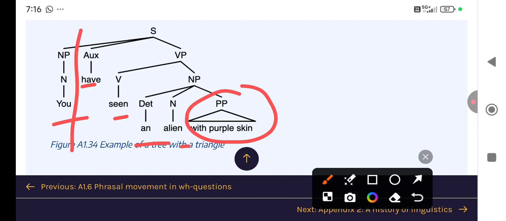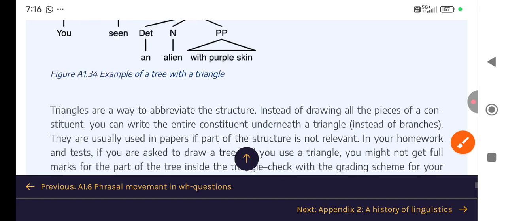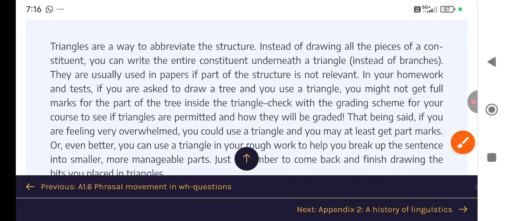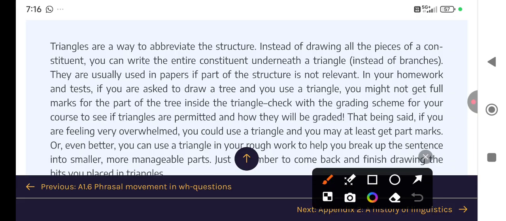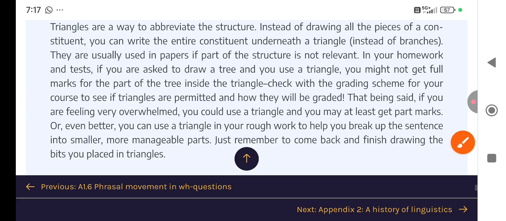Sentence: you, then auxiliary have, and then main verb seen. Sometimes triangles are a way to abbreviate the structure, because abbreviate means concluded. Instead of drawing all the pieces of the constituent, you can write the entire constituent underneath a triangle instead of branches.